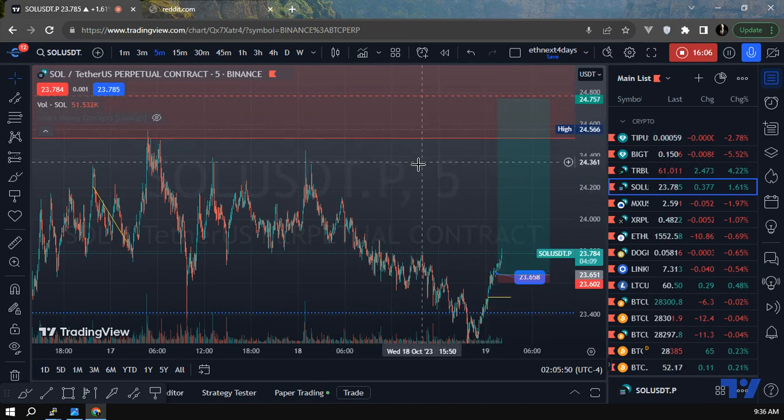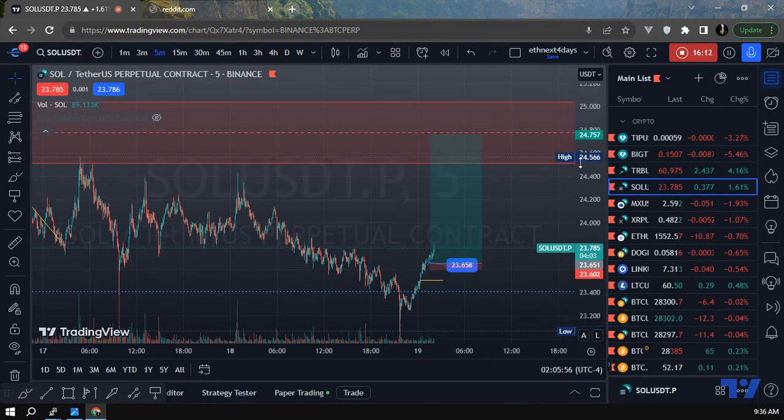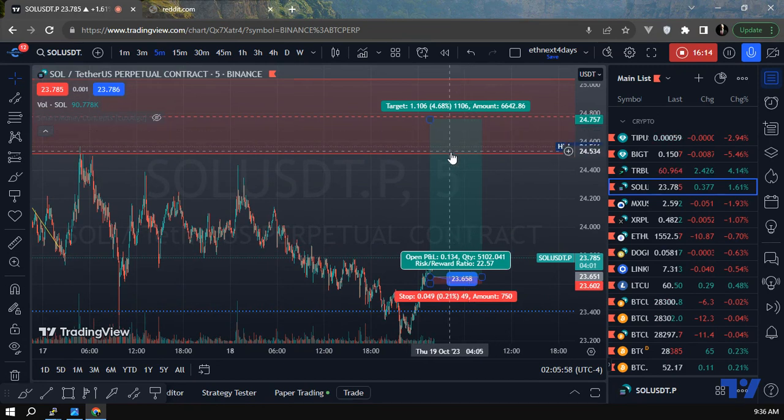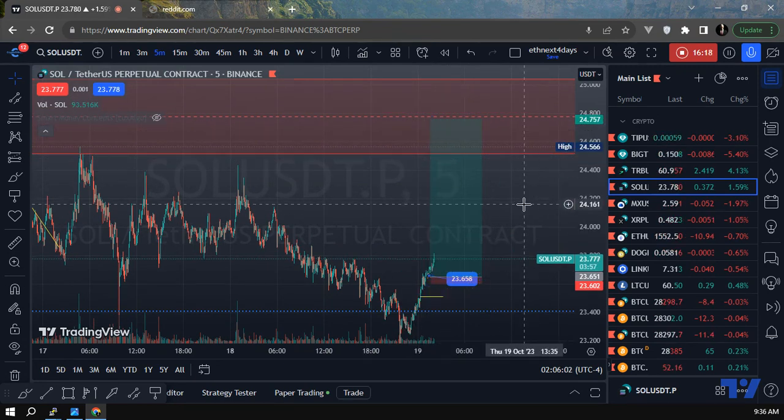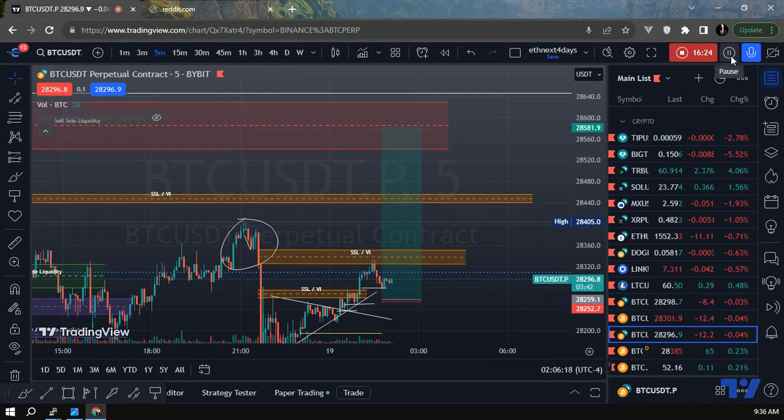Now, my initial take profit is essentially at the midline of this big sell side liquidity, but I might change it around here, and even to the bottom if it doesn't show that much of a potential move. It really depends on Bitcoin too. Bitcoin's still consolidating after holding the lower part of this body. We'll see what happens.